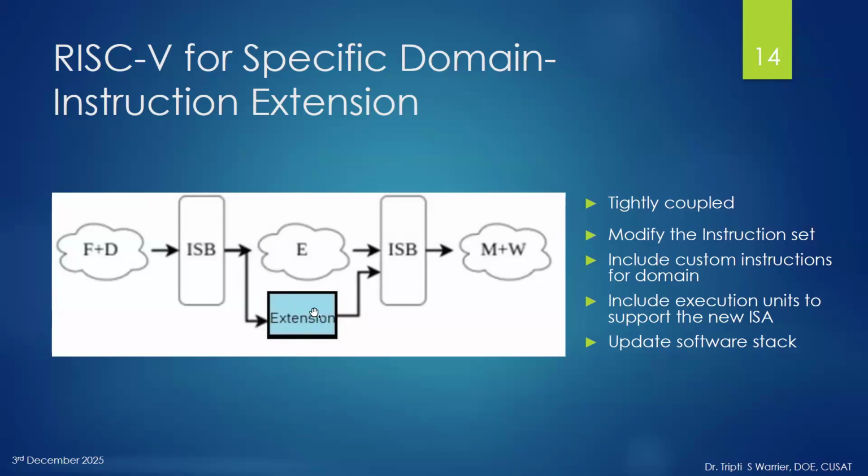This extension could be a properly defined standard extension, or a non-standard one, as there is provision in ISA encoding for your own custom instruction. So you may add a custom instruction and include its execution in the execution stage.